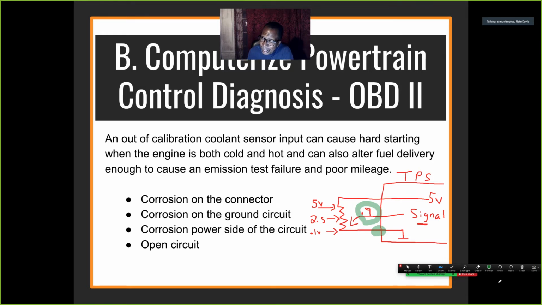And the reason why is because this line right here is doing a voltage drop. It's measuring how much voltage it needs to push the current back to ground. If you remember Ohm's law, if I'm in the middle at 2.5 volts like you said, it requires 2.5 volts of pressure to push the current to ground.